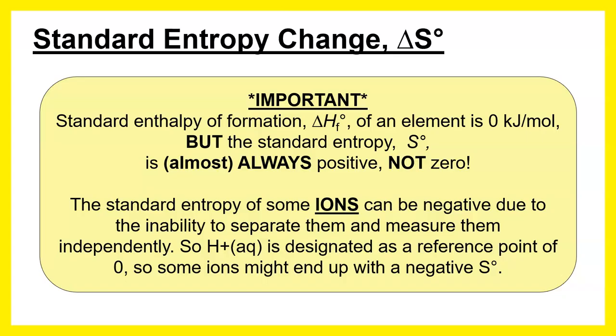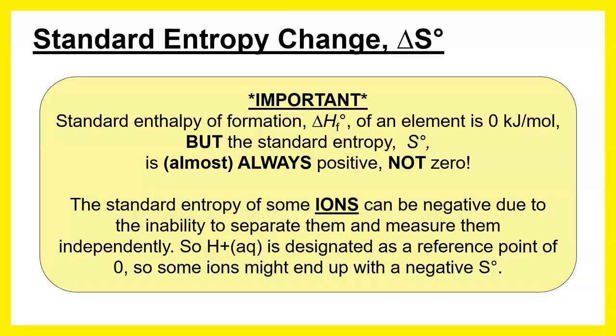So almost always things are going to have a higher entropy than that hydrogen ion. But every once in a while, you may have some other ions that are going to end up with less entropy than the hydrogen one.